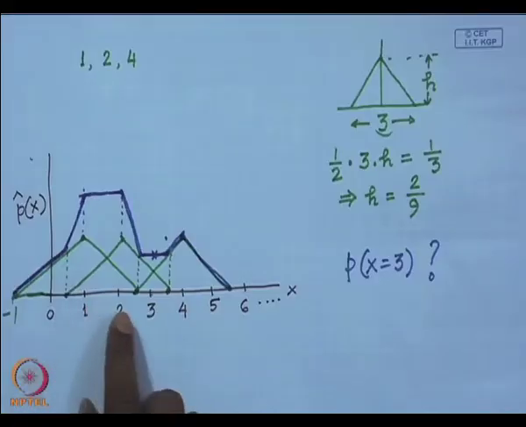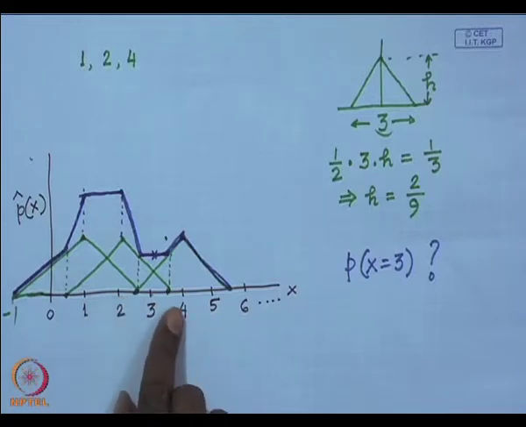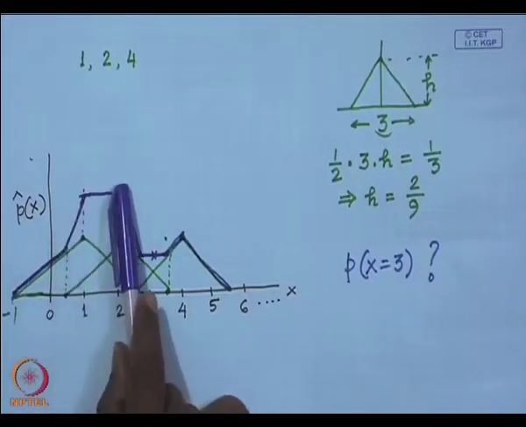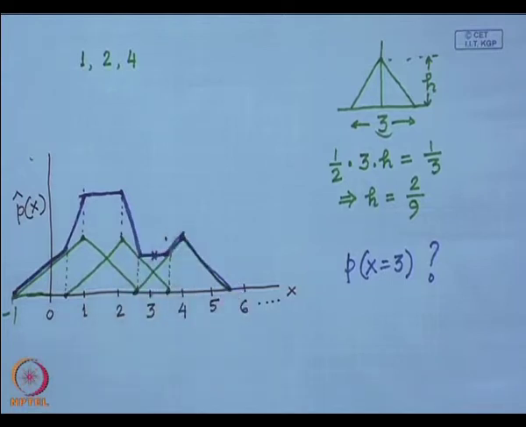So, I have a pulse train: one unit pulse at location x equal to 1, one at x equal to 2, and one at x equal to 4. If this pulse train is convolved with my triangular window, then I will get the same estimated probability density curve. So, this is nothing but a convolution operation.